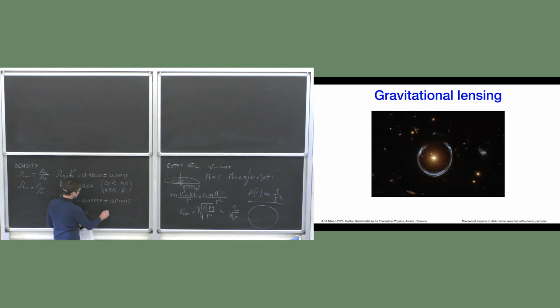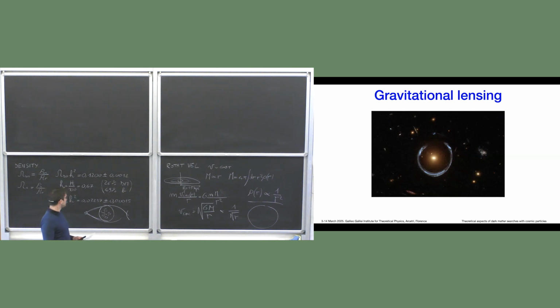So this is the galaxy, this is the galaxy cluster. You can see the image of the galaxy as a ring, an Einstein ring, or a portion of a ring, a small arc, when you see this object. And this is due to the fact that light curves around the very massive galaxy cluster.